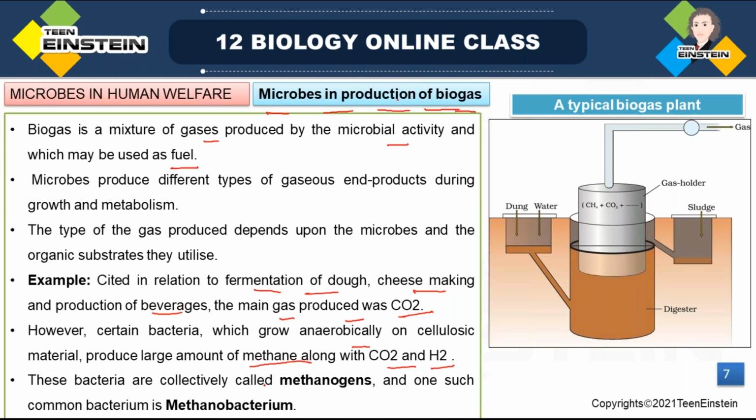Those kinds of bacteria are together called methanogens, which help in the production of methane. Among them, one common methanogen is Methanobacterium. Okay, Methanobacterium is one common methane producing bacterium.